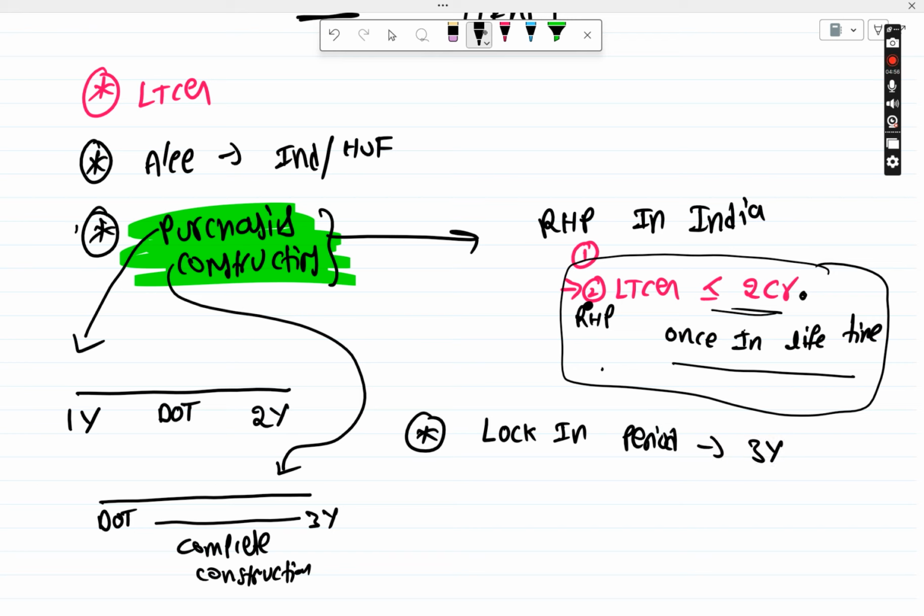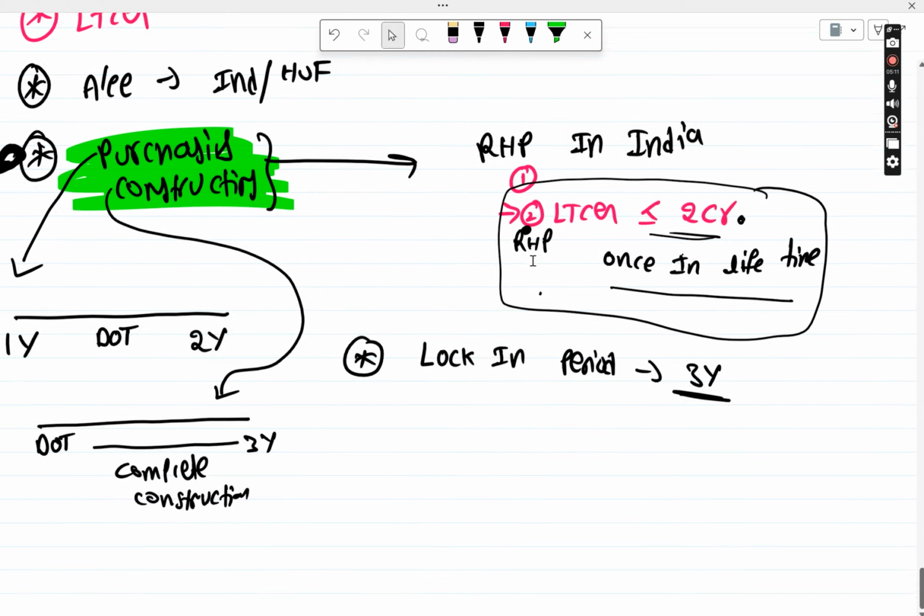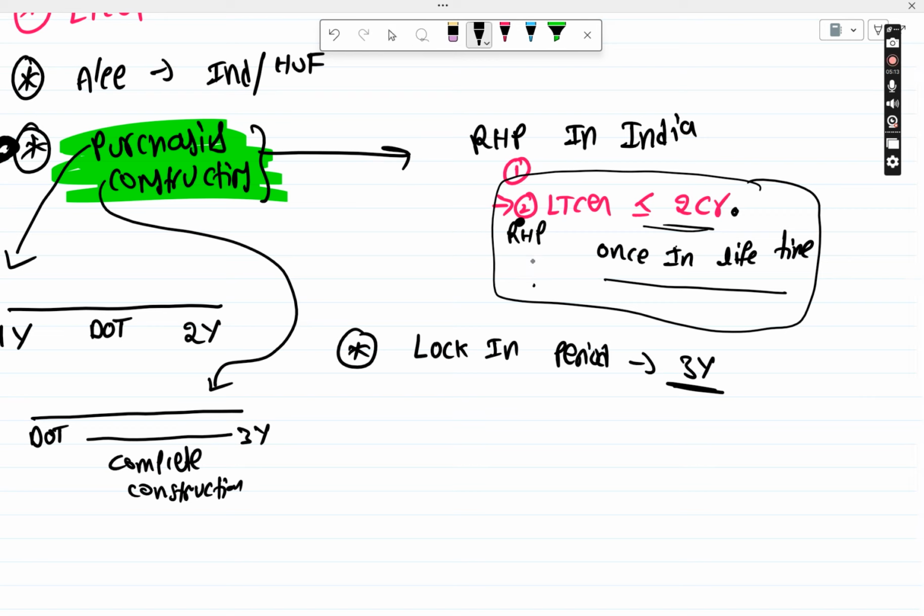You buy the residential house property, and whatever money you spent on it, you claim as exemption. So from the date of buying, you have to keep that house with you for 3 years. You cannot sell it or do anything with it for 3 years.